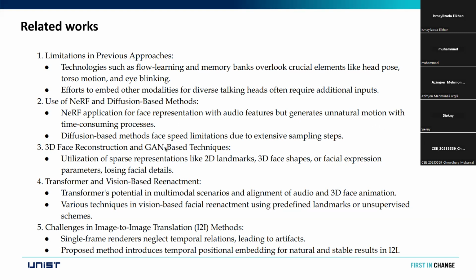There are also GAN-based works utilizing sparse representations like 2D landmarks and 3D shapes. In the GAN-based works, they predict 2D landmarks of 3D face shapes or facial expressions, and that sparse representation loses much information.